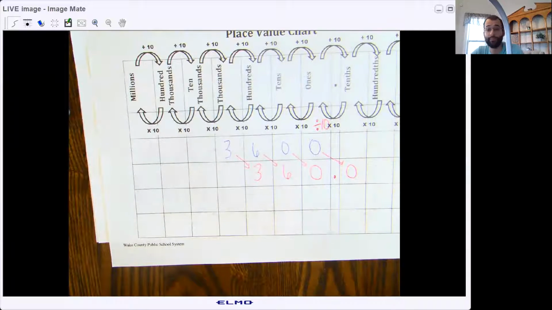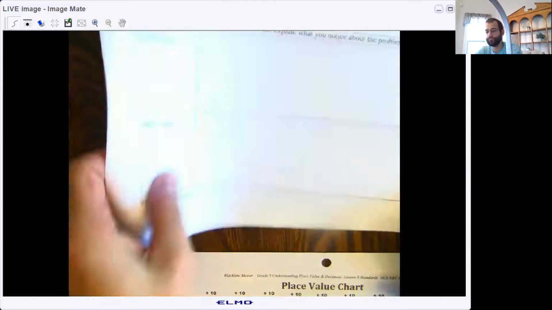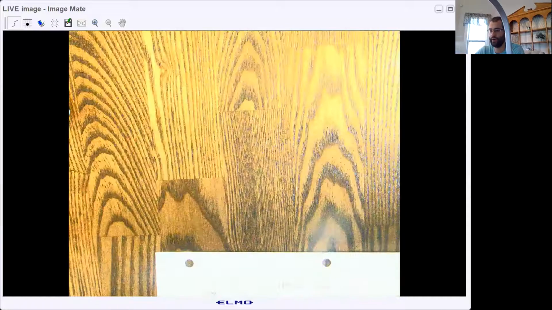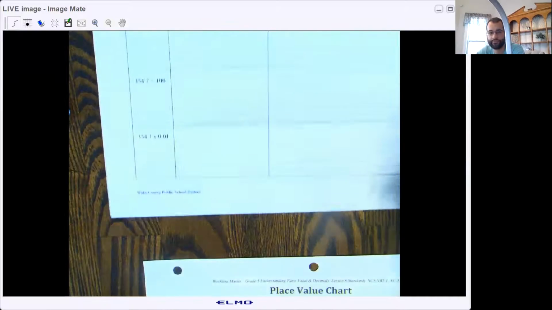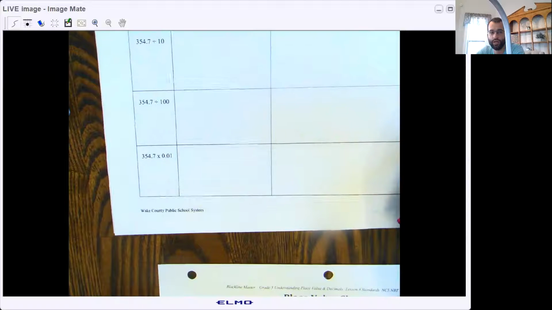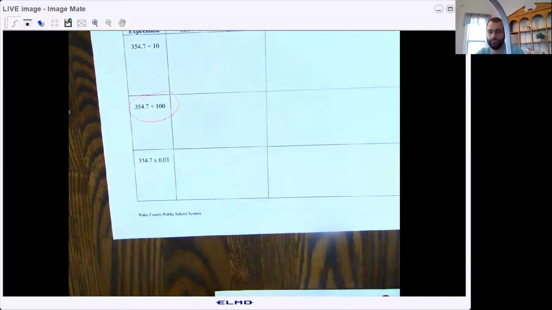All right, let's look at an example about dividing by 100. So I'm going to shift around here. You can look at that next example that's there. I'm going to look at page 155. All right, so once again, we're going to look at this one.